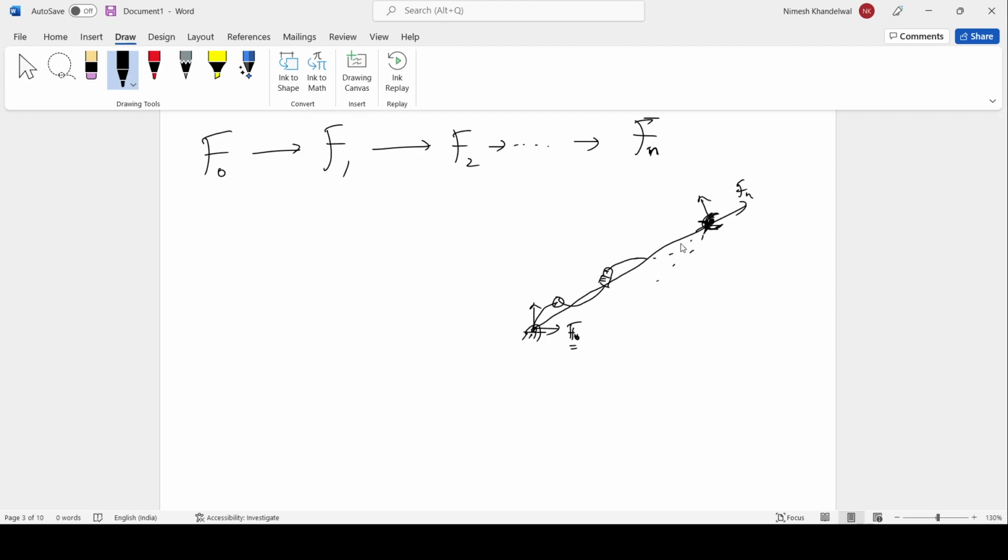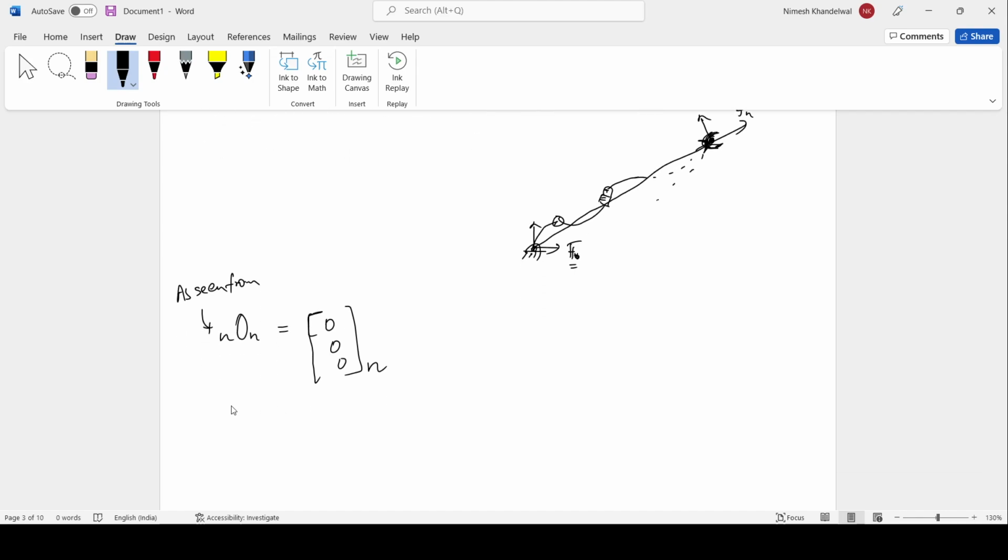Now clearly we can see that the origin of the nth frame, as seen from the nth frame, if I write the coordinates of the origin, it is a zero vector, and I will mention here also this is in the nth frame.